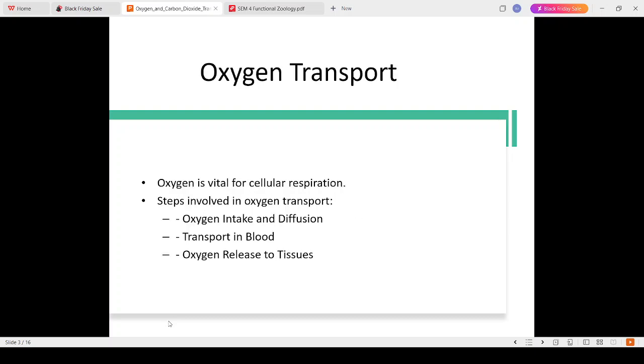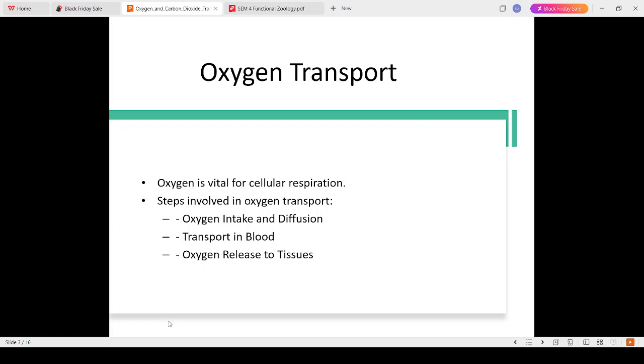So our topic is regarding how oxygen is transported. Before we go into that, there are three steps. One is oxygen intake and diffusion. Normally the atmosphere contains nearly 21% of oxygen. That oxygen we are taking into the lungs.